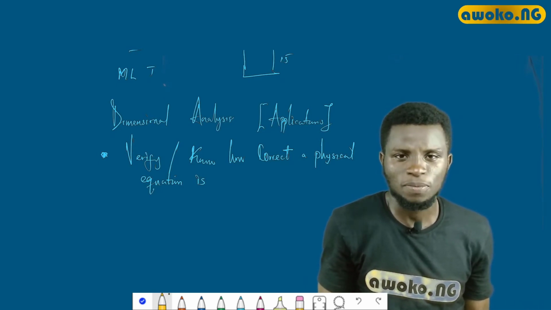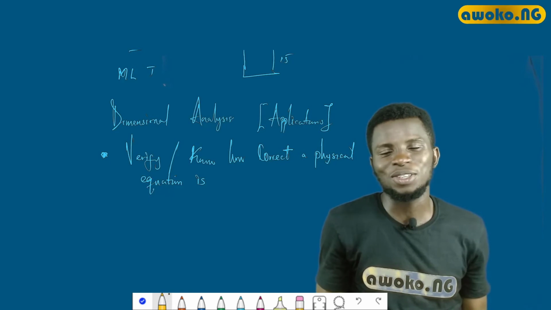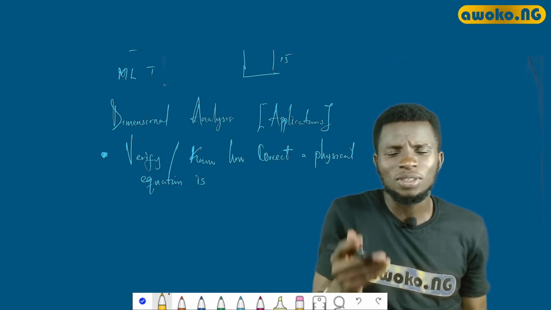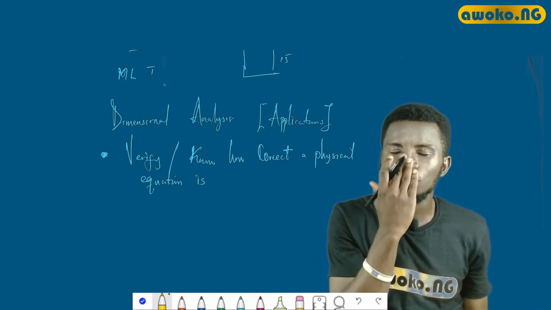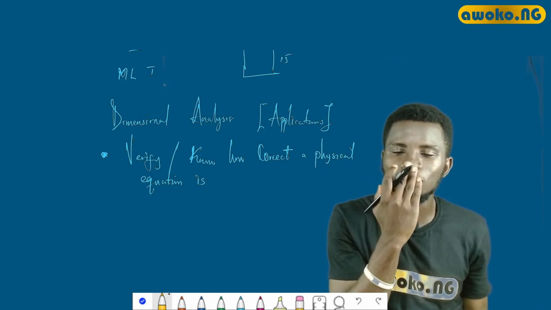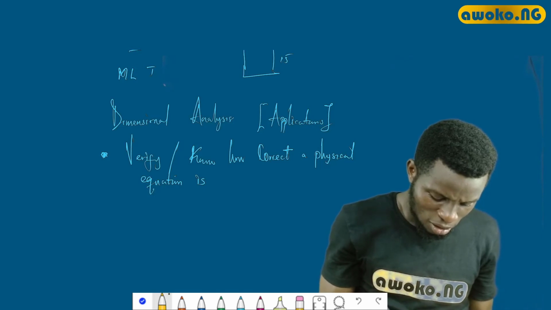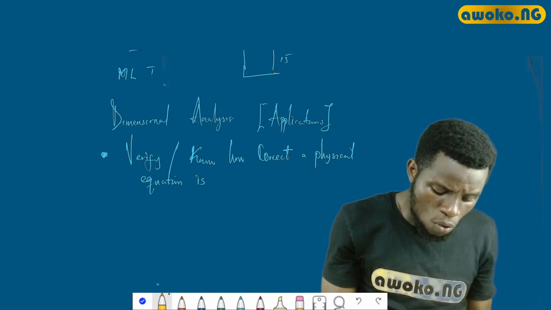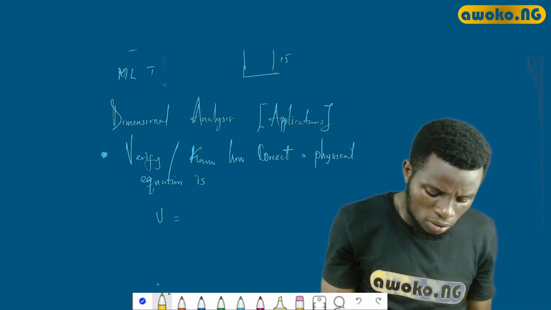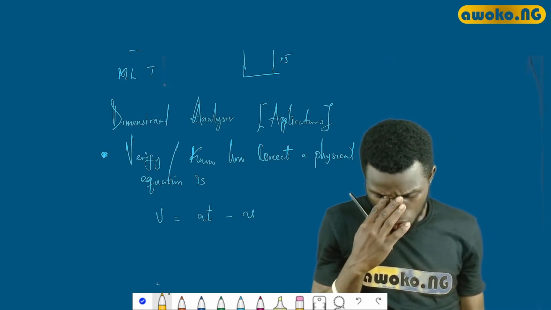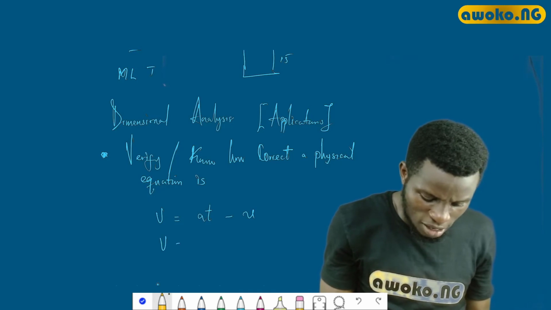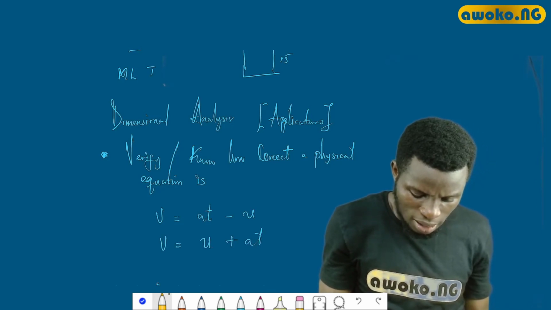For instance, we've been in situations where in an examination hall, you just forgot the equation of motion, the first equation of motion. Of course, you know that the first equation is V equals AT minus U. Another equation comes to your mind, V equals U plus AT.